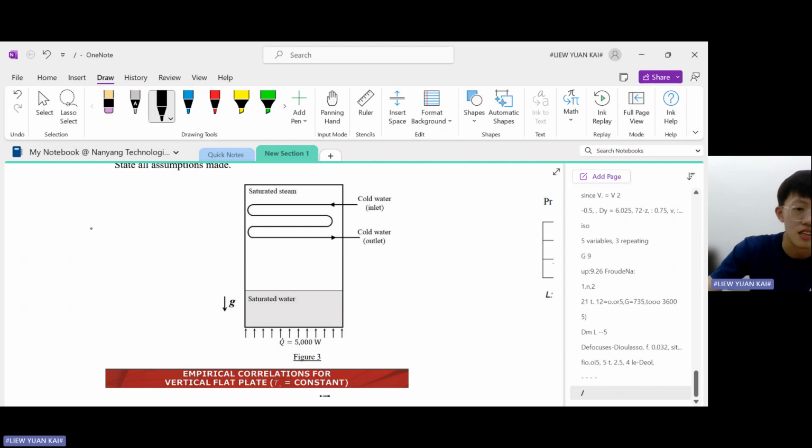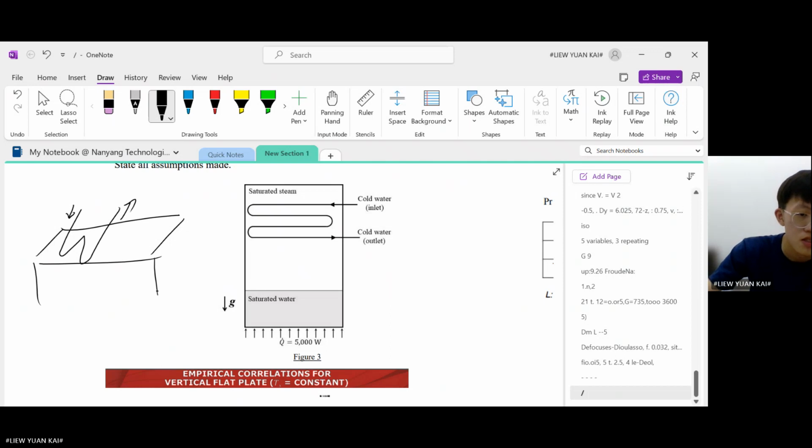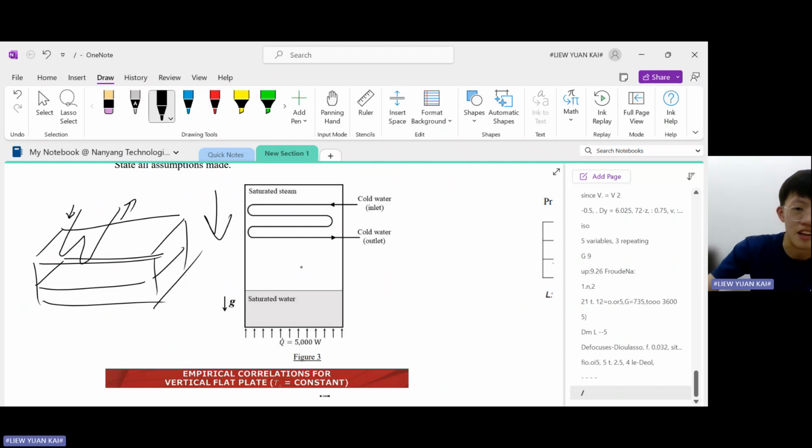But some people might suppose that this is actually the top view of a heat exchanger like this, in which case, if gravity acts downwards, the water would fall downwards like this. Instead, they want gravity to act like this so that the water droplets can drop back down to this saturated water.